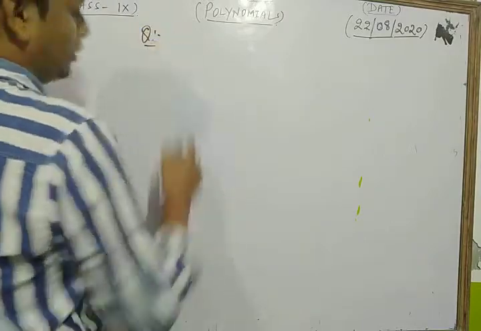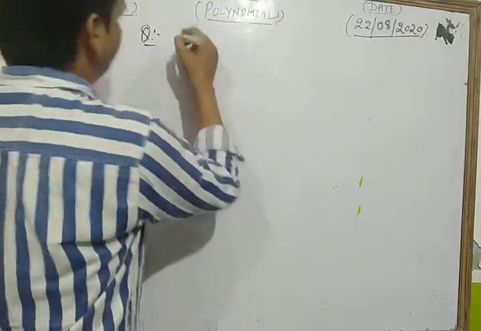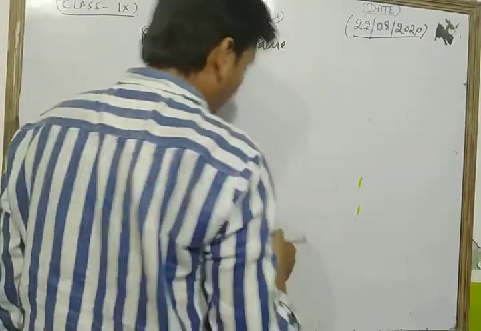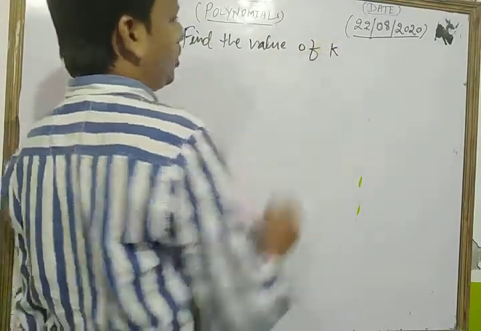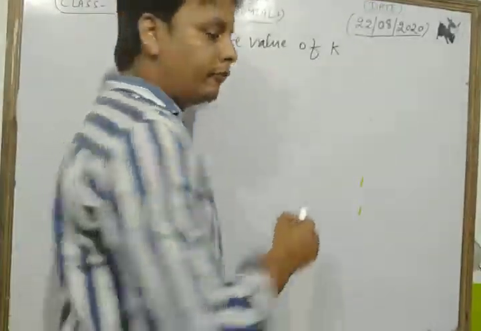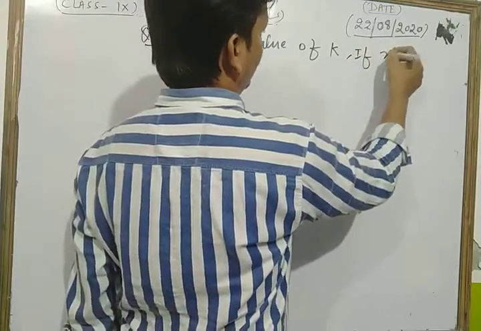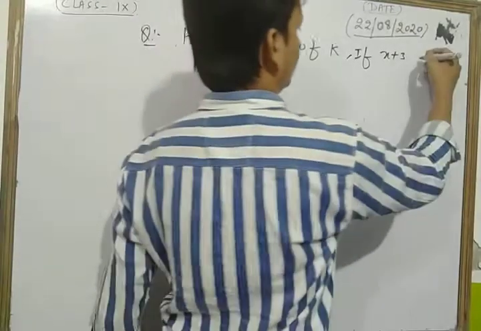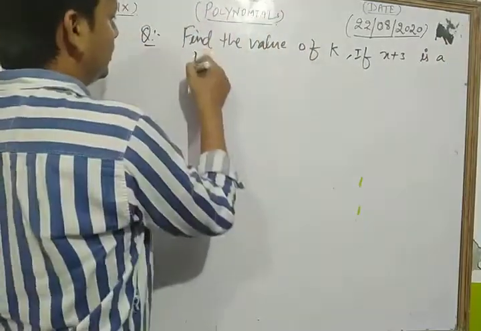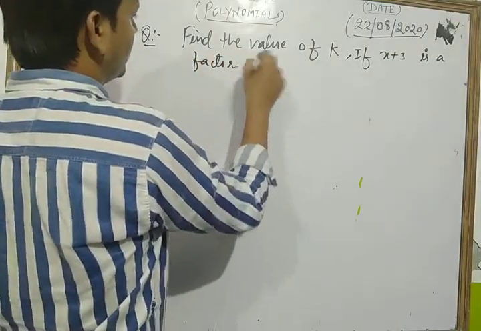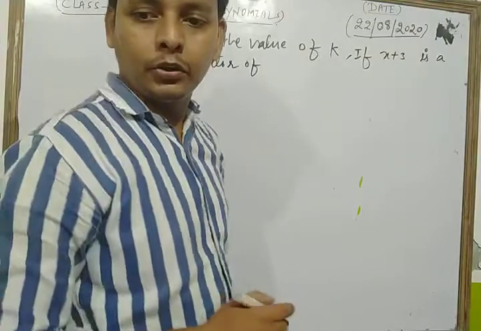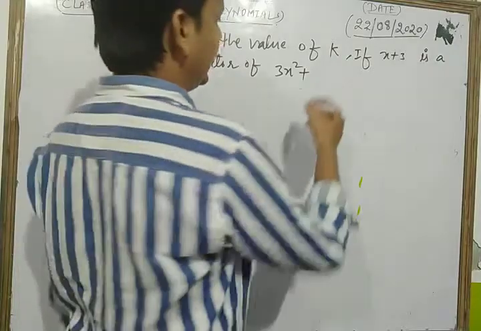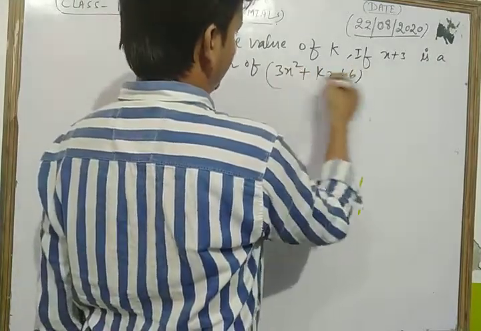The question is, find the value of k if x plus 3 is a factor of 3x square plus kx plus 6.